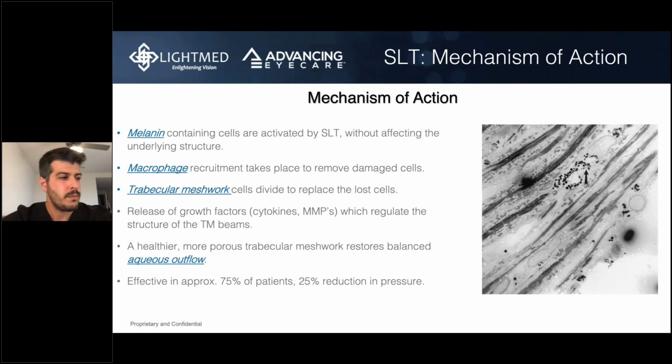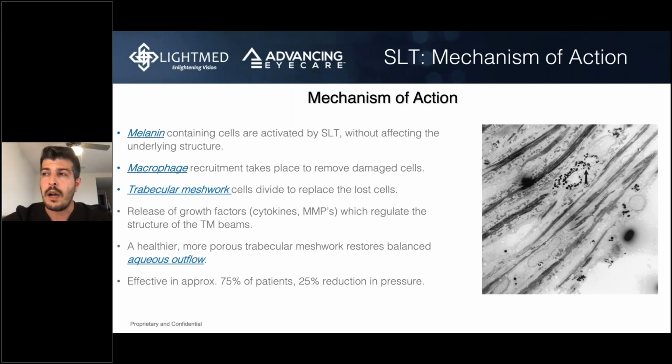Great. So this next question actually follows up to that. When you perform SLT at the max of 2.0 millijoules, for example, and no microbubbles are seen, does that mean it's still effective or not? I would say I've never had to reach 2 millijoules of energy.